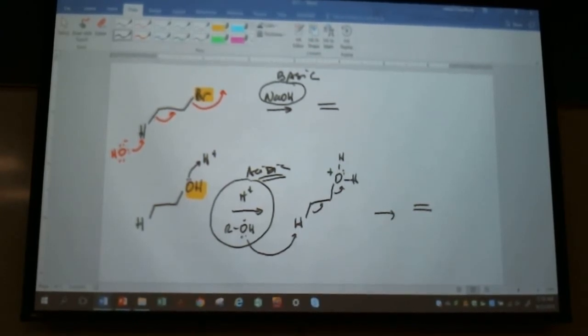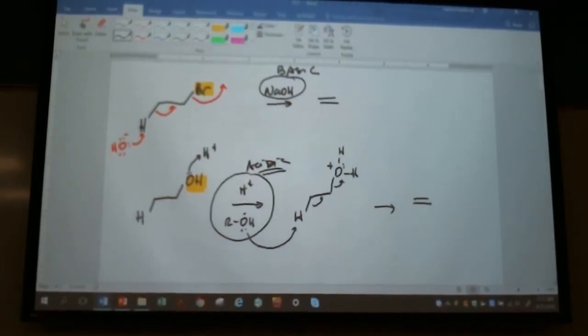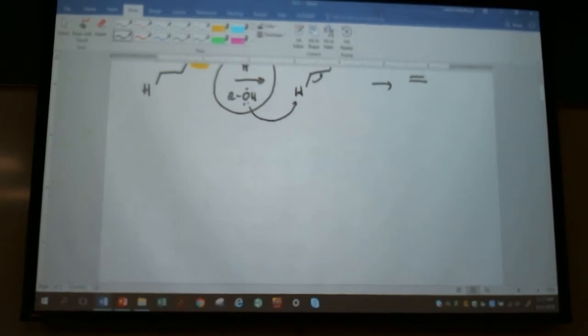Now, why do I want an alkene? Because from an alkene, I can do a variety of things. So, let's say that you have an unsymmetrical alkene. Let's say that I have this, and I ask you to make this.